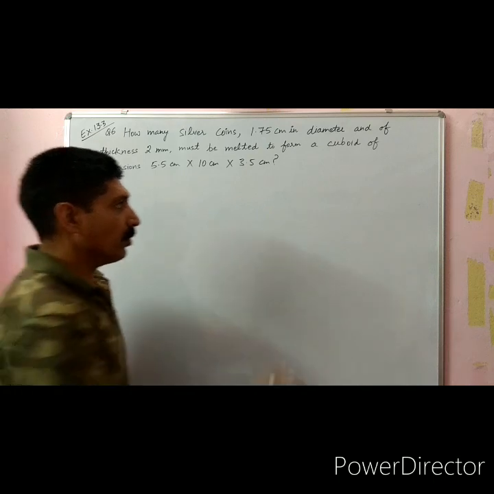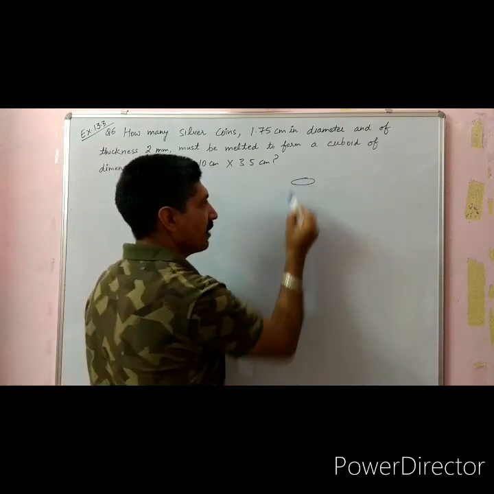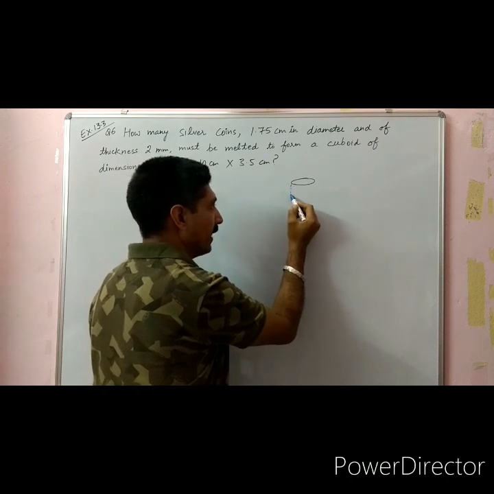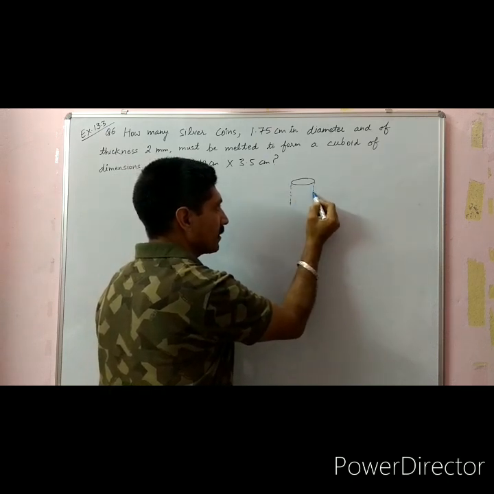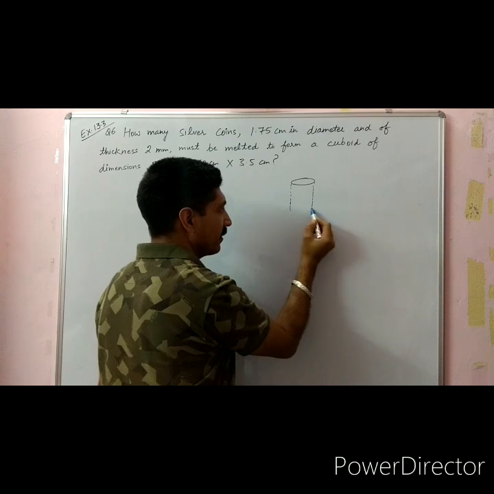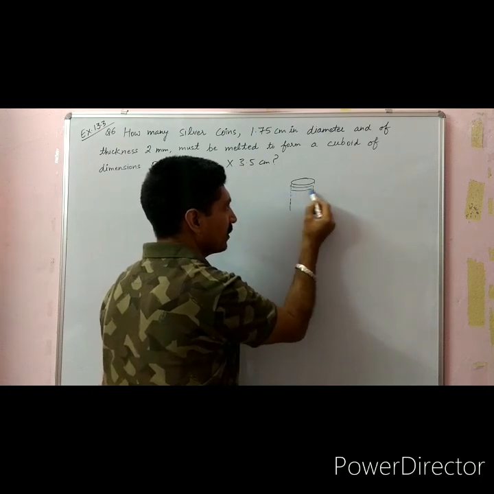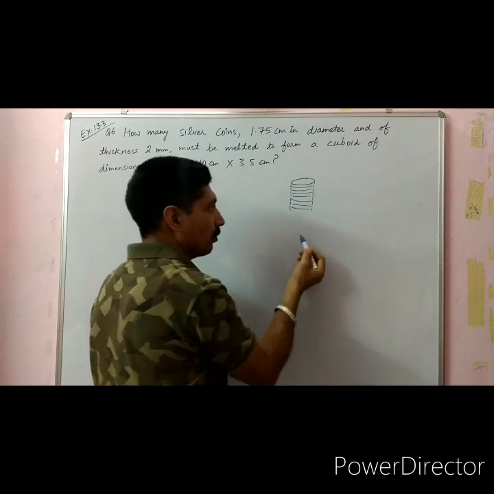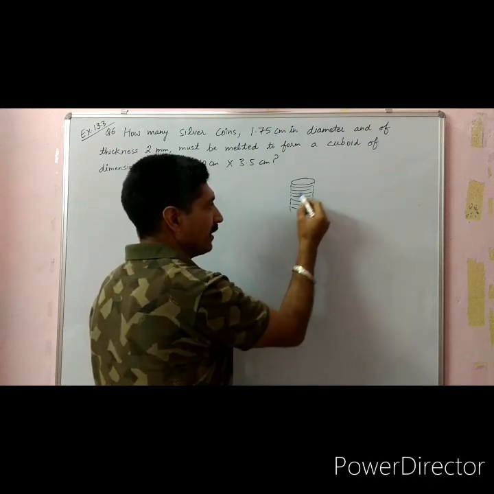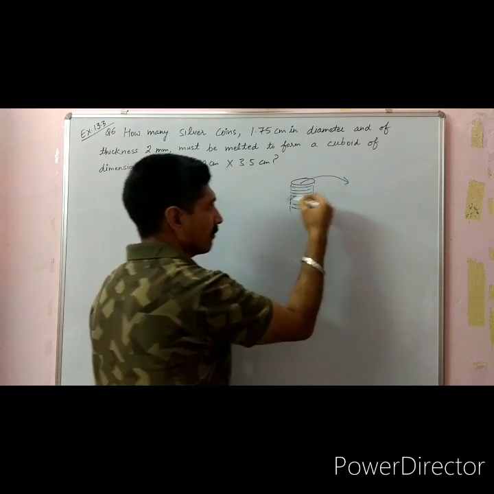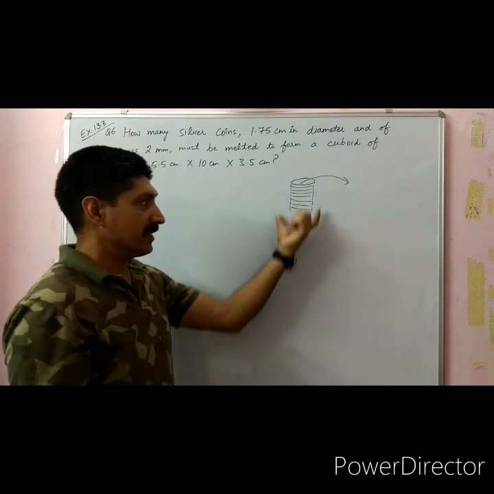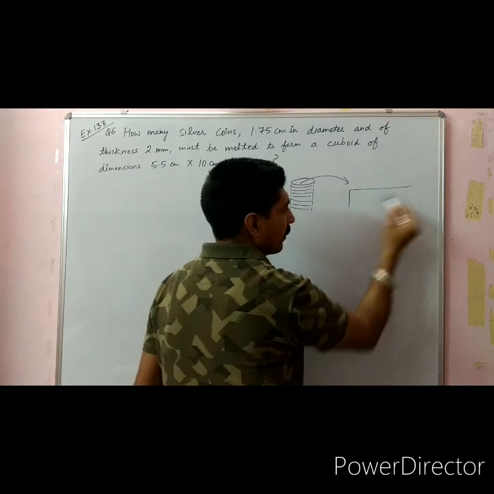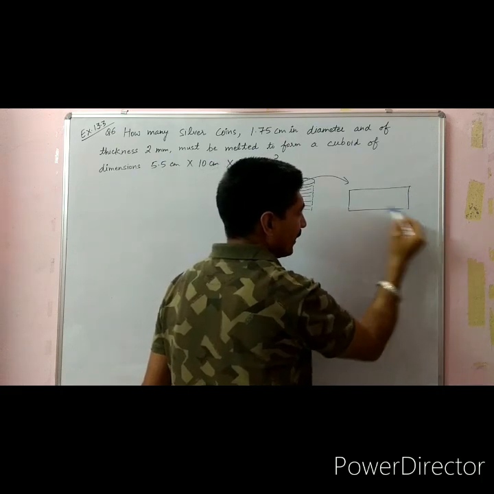So here we know coins are circular in shape, and if we have n number of coins, second coin, third coin, fourth, fifth, and so on, we don't know the number of coins, but when we melt these coins, we are forming one cuboid whose dimensions are given.